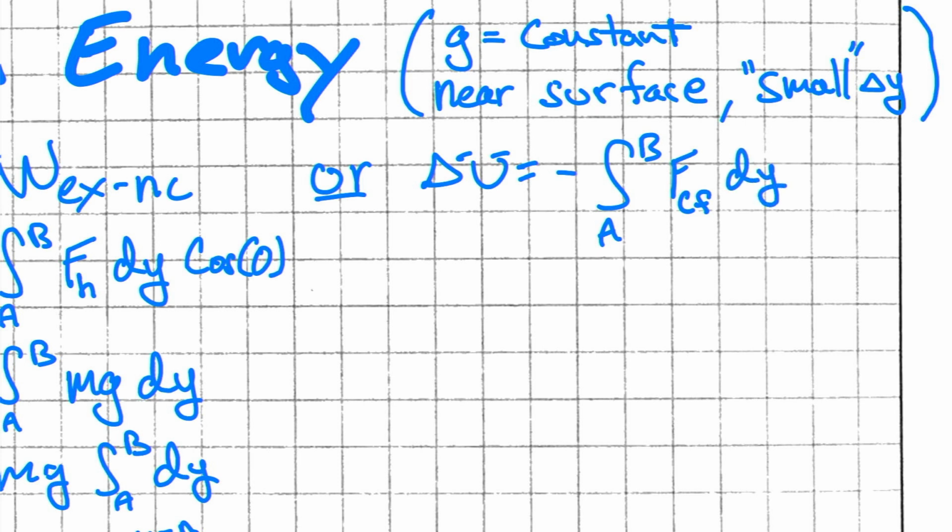dy cosine of theta. In this case, we have the force conservative, which is gravity mg, dy, but now theta is the angle between the conservative force and the direction we're moving.